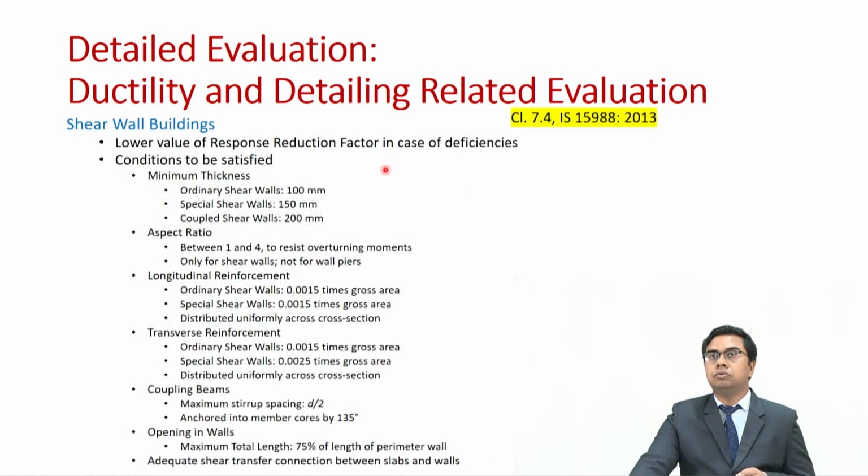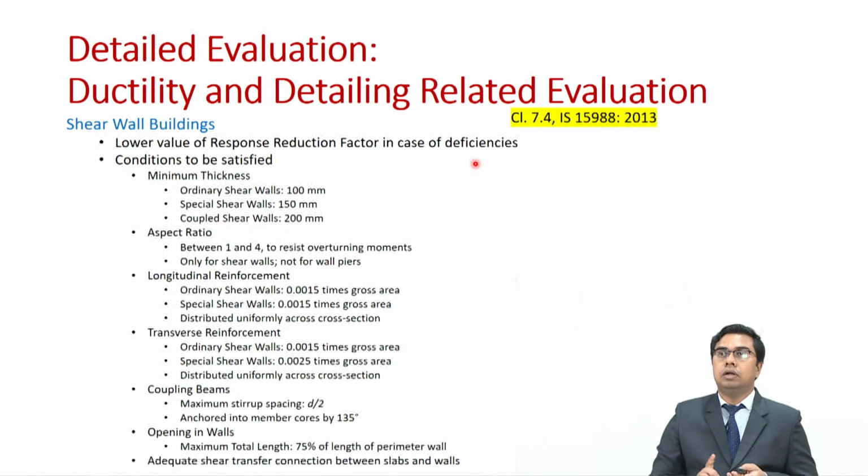You do not have to reduce the value of response reduction factor, but if any of these conditions are not satisfied, then you have to reduce the response reduction factor. The reduced response reduction factor will lead to an increase in seismic demand, and therefore the demand to capacity ratio may come close to 1 or may even exceed 1, which will suggest you provide a suitable retrofitting strategy.